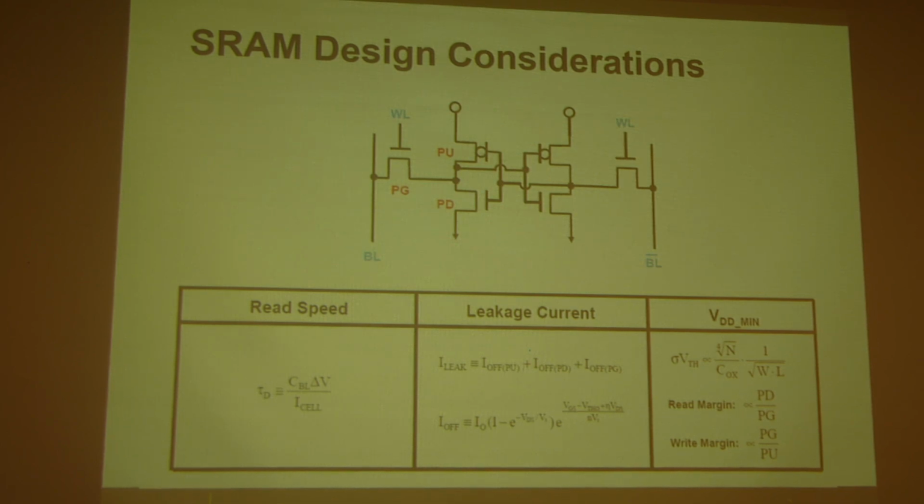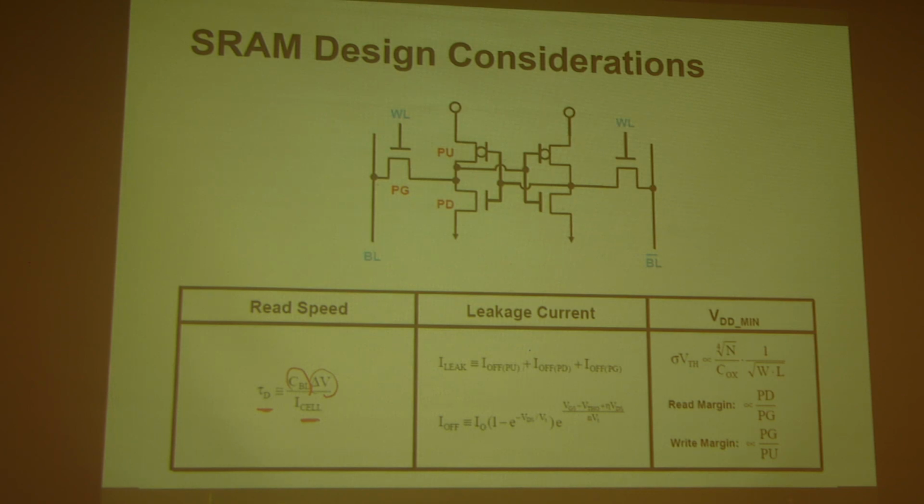So if you look at the design considerations, we talked about the noise margin, but there are other design metrics. For example, the speed of the operation, let's say the read speed. We briefly discussed this before. Any delay is related to the cap you want to charge or discharge, multiplied by the voltage change, and divided by the current.